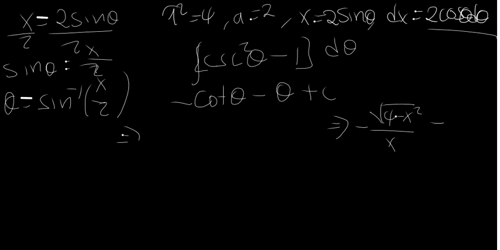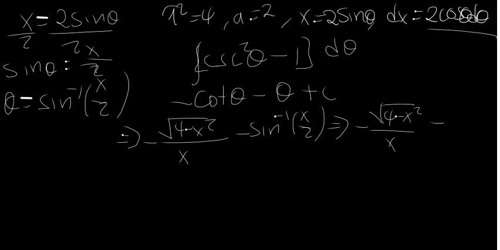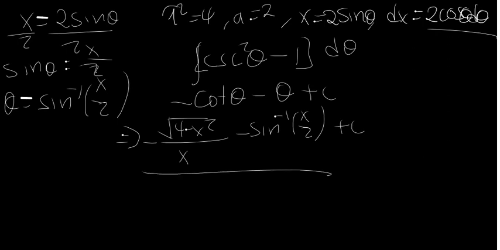We say the final answer is negative the root of 4 minus x squared over x, minus sine inverse of x over 2. Now there we need to include plus c. So this is the answer for this question. Okay, let's solve the next question.